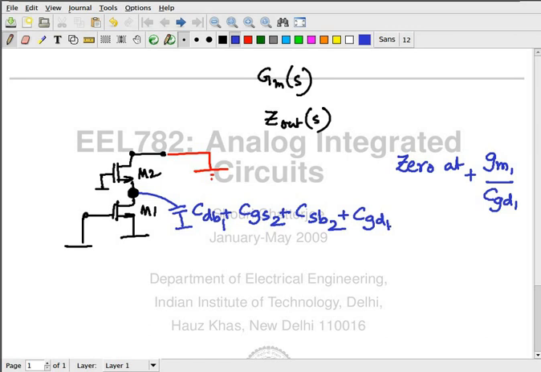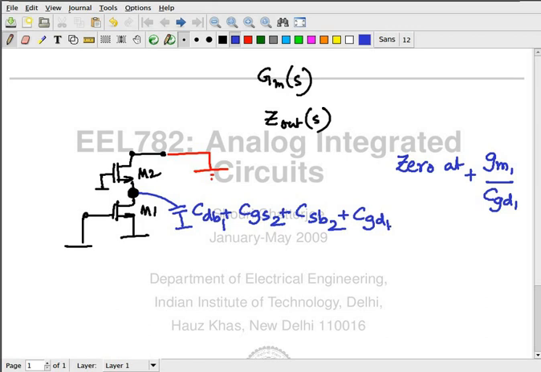Alright, now that this happens, I want to find the impedance at that particular node. What is the resistance that I see at that node? RDS1 in parallel to what? 1 by GM2. Okay? In parallel with RDS2.